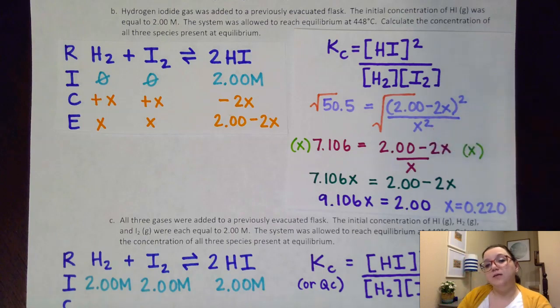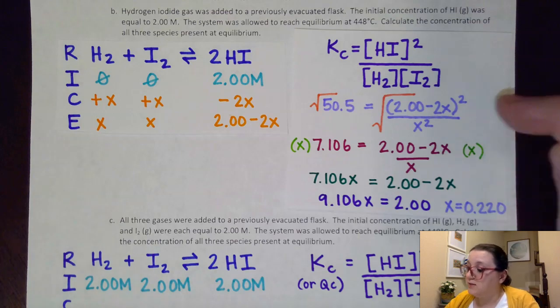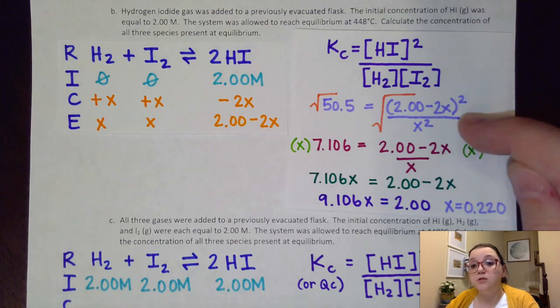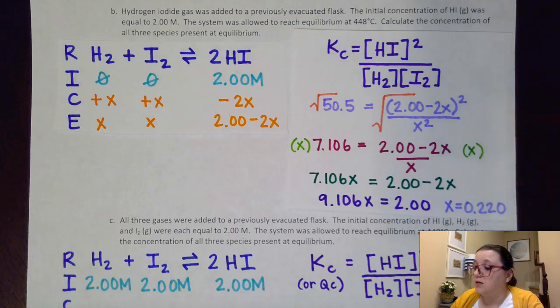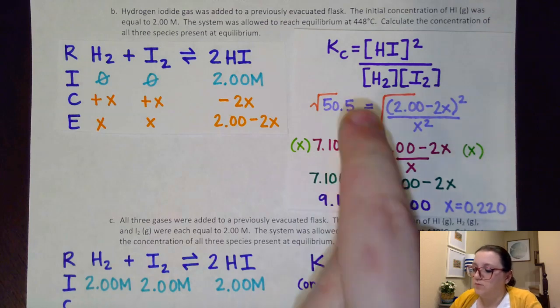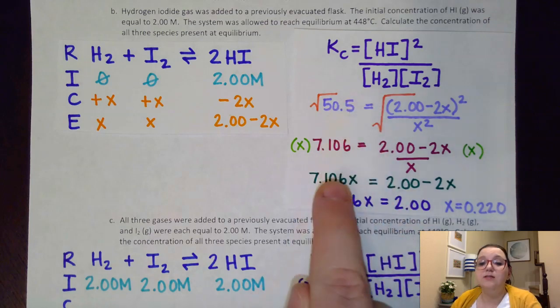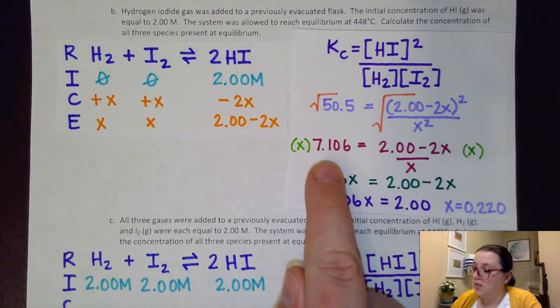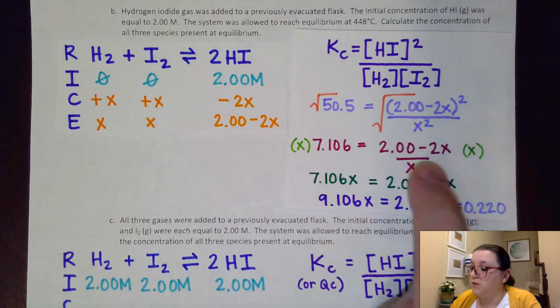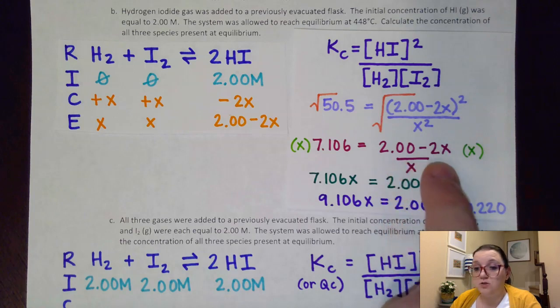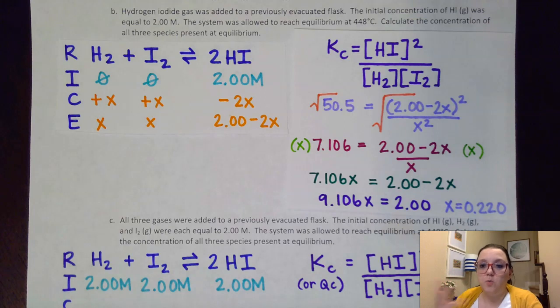And I see the same situation that I saw on the previous page: both the numerator and the denominator are squared. So to undo that, I can square root both sides here. Square rooting the 50.5, again, gets us 7.106. Here, square rooting eliminates these squares, so I end up with 2.00 minus 2x over x. So again, that squared term went away.